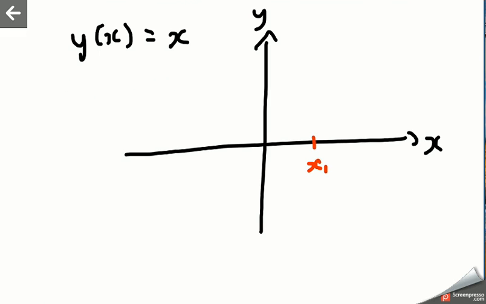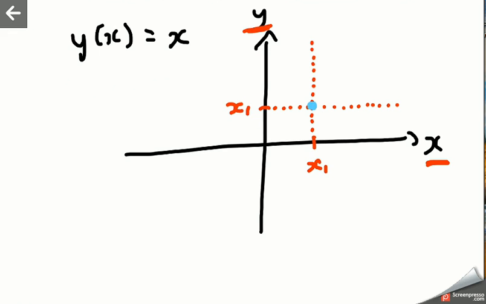Since the x-axis represents the things that come into the function and the y-axis represents the things that come out of the function, if I'm going to draw a point on my graph to represent x1 going in and x1 coming out, it has to have distance across x1 and distance up x1. So it's got to be that point there where those two dotted lines meet. Those two distances should be the same. Sorry if I drew it a little wonky.